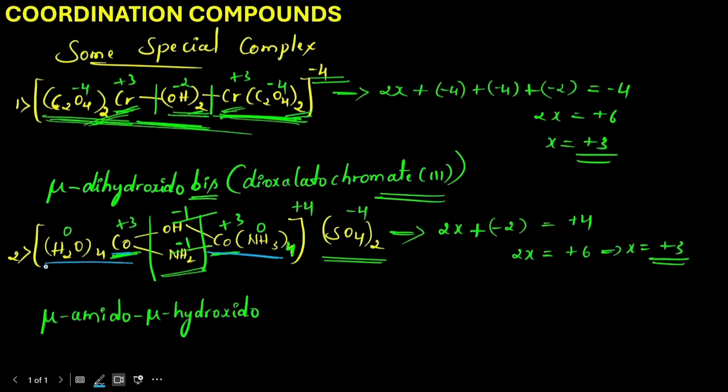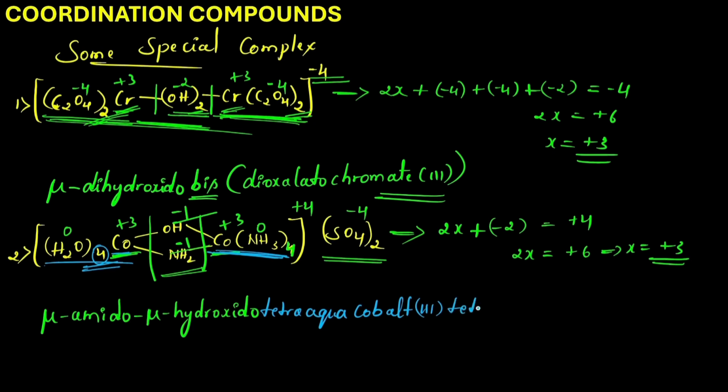First, we will start with cobalt and H2O 4 times. That is, here 4 H2O ligands are there. Therefore, the prefix tetra is used. Okay, it is tetraaqua cobalt 3. Now you have to write the name of NH3 ligand and cobalt. Okay, how many NH3 ligands are there? 4.